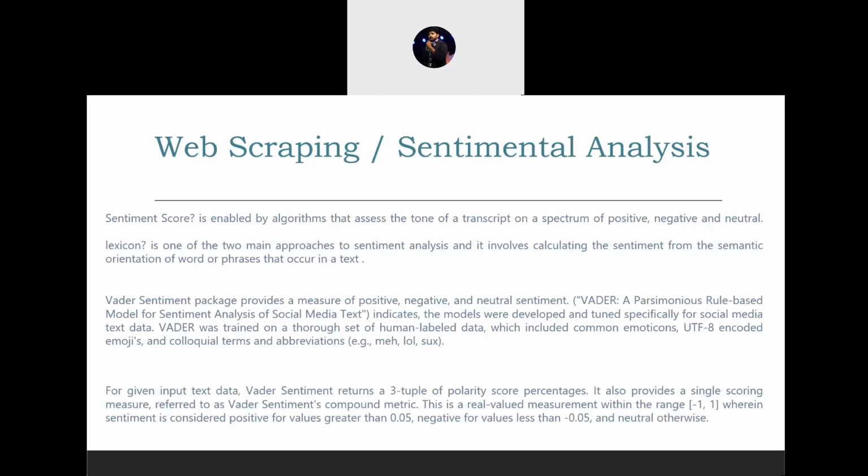This is referred to as VADER's sentiment compound metric. It ranges from -1 to +1. If the value is greater than 0.05, it is considered positive. If the value is less than -0.05, it is considered negative, and otherwise it is neutral. So basically it's a total package for measuring the positive, negative, or neutral sentiment of any input text data.